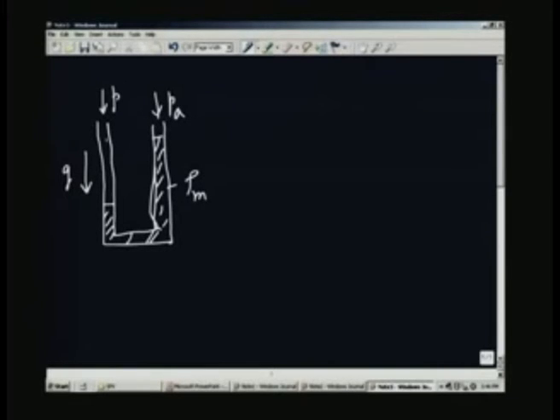And now, I will draw an imaginary line here and a line here, and I will say this is the H. To start with, if the pressures P and P A are equal, you would have had this as the datum for P equal to P A. If the two sides are subject to the same pressure, you will have the same level on the two sides.